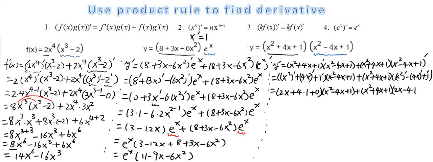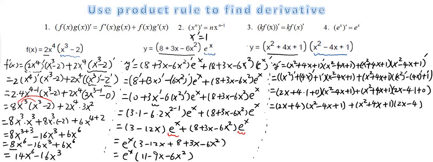And the derivative of constant 1 should be 0. Now we have 2x plus 4 times x squared minus 4x plus 1. We also have x squared plus 4x plus 1. We have 2x minus 4.